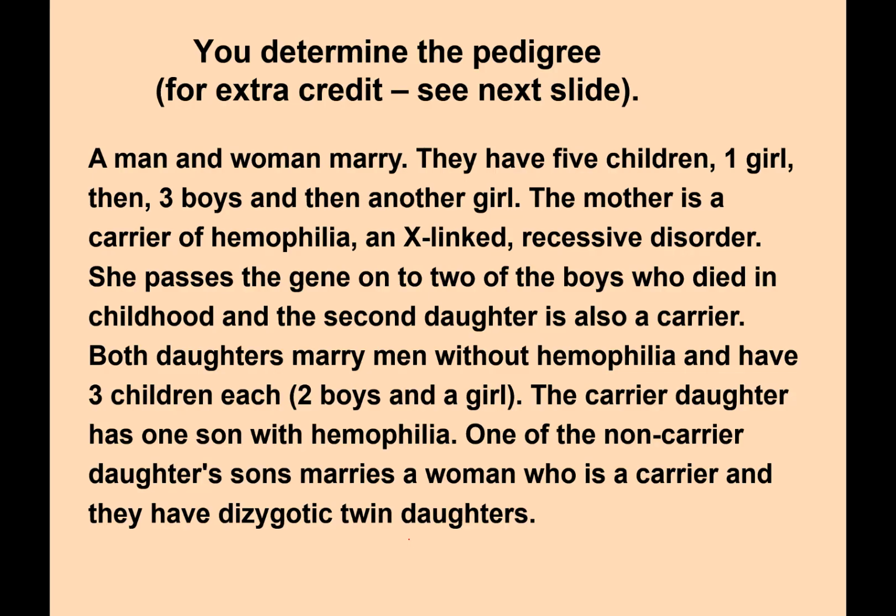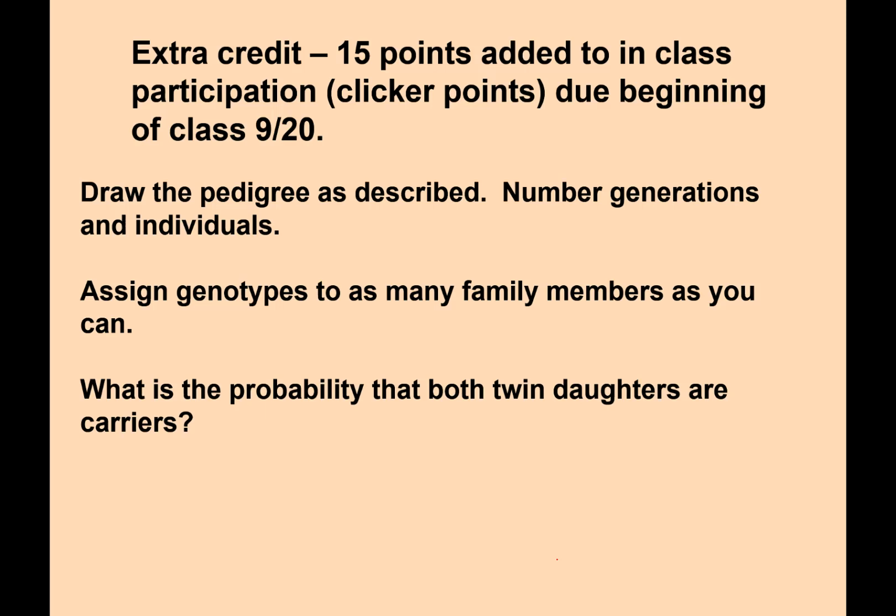There is also an extra credit option where you are going to draw the pedigree. So it's described here on this slide, and then this is what you need to do. You get 15 points added to your class participation, so if you've been missing some clicker questions, or you've been missing class, or you didn't have your clicker, this is a great way to boost that grade.